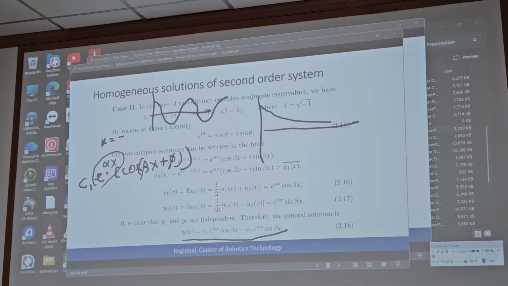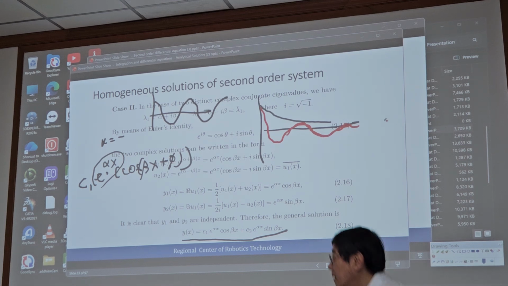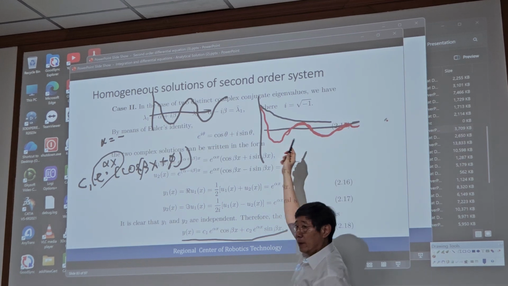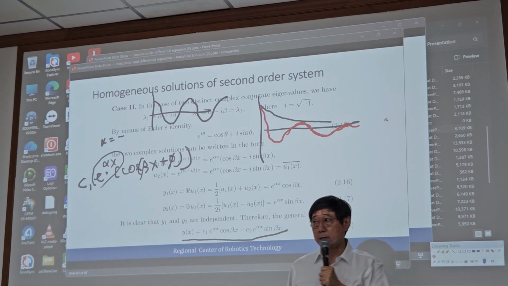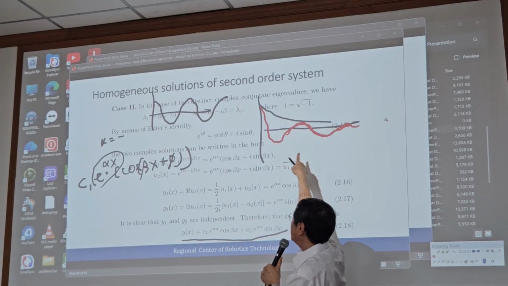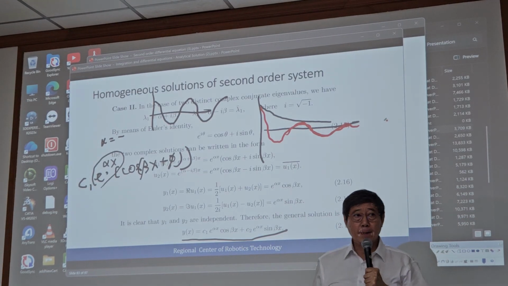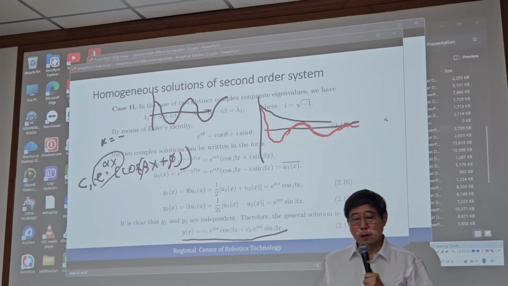If you multiply these two together, you're going to have this one. So look at this equation.